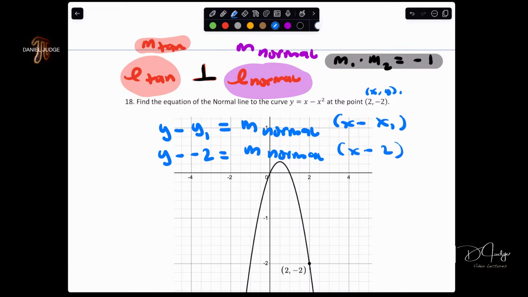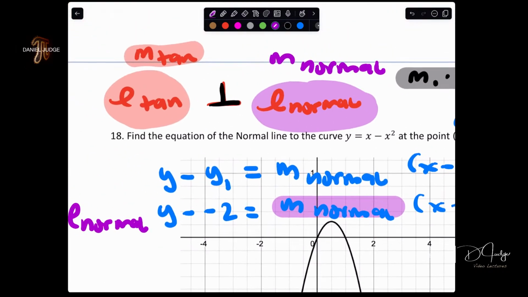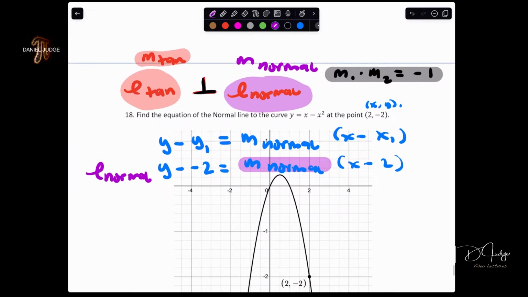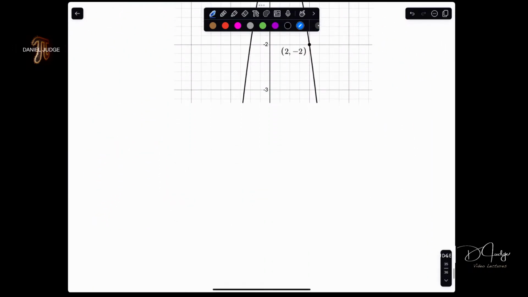We got to get that normal line here. Okay, the slope, m normal, is what we need, because that's going to give us the equation of the normal line. So we're going to call that L normal. Maybe we'll put it in purple. But in order to find that slope, we need the slope of the tangent line at the location. So m tangent, and we'll show you how to do that.